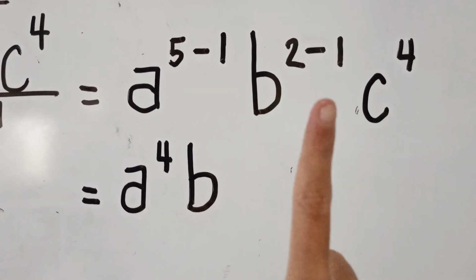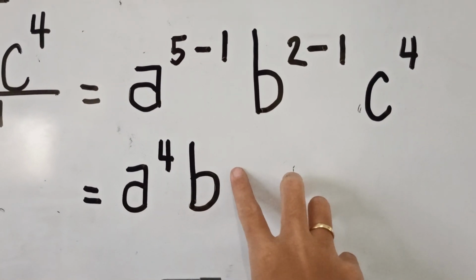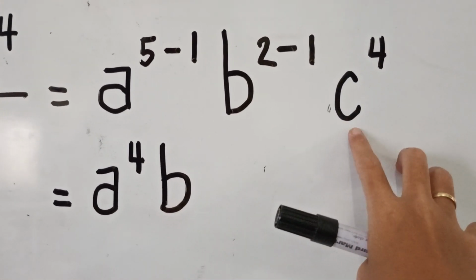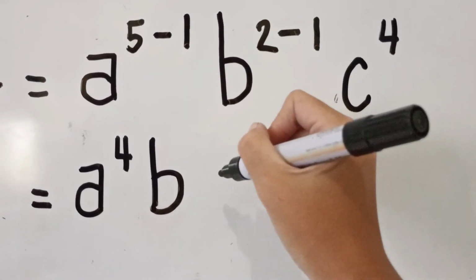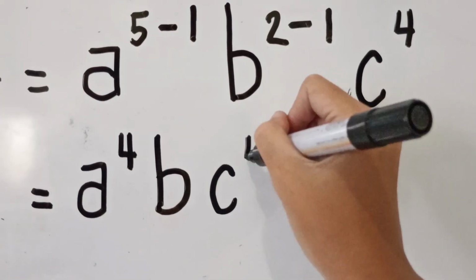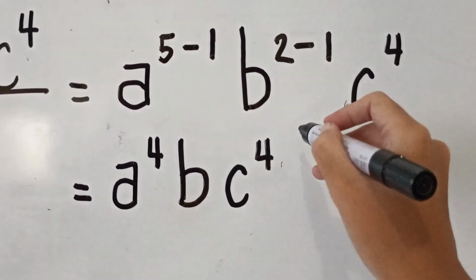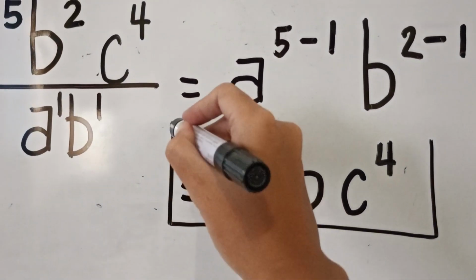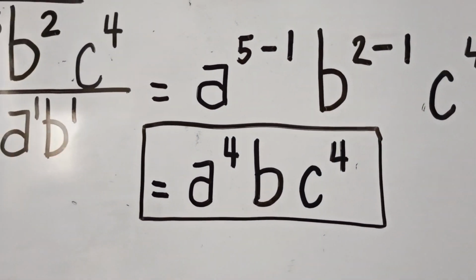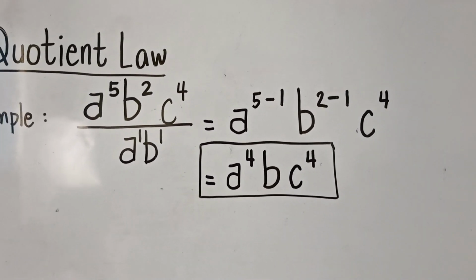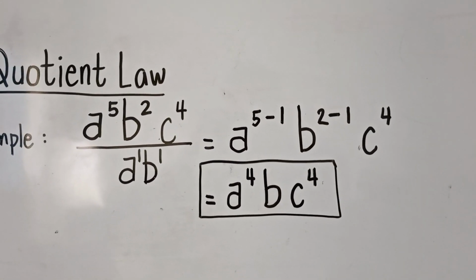However, the rule is 1 should be invisible, so we should not put 1 at the final answer. Please remember that. And for the c to the power of 4, since it is alone, we'll just need to copy that one. Okay, final answer is a raised to the power of 4, b, c raised to the power of 4.